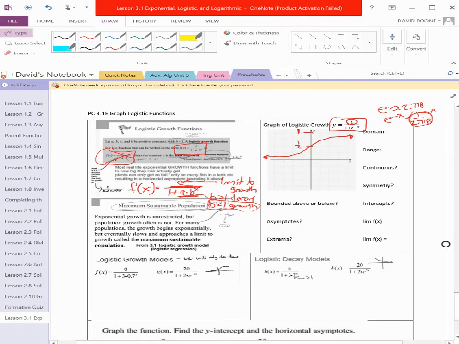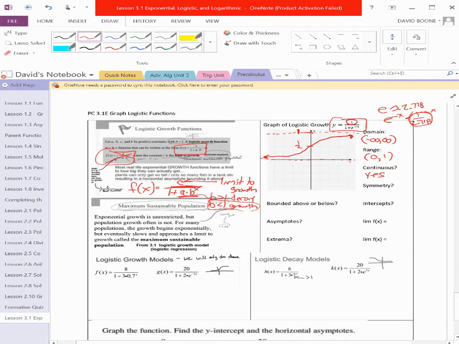So let's give some general ideas about these logistic graphs. Again, it's going to level off right here, and it also has this asymptote there too. So when I look at the domain of this, it does go left and right infinitely. The range in this case is from 0 to 1, and it doesn't touch those. Continuous, yes, this is continuous because I don't have to pick up my pencil. And here's a little tricky piece with the symmetry.